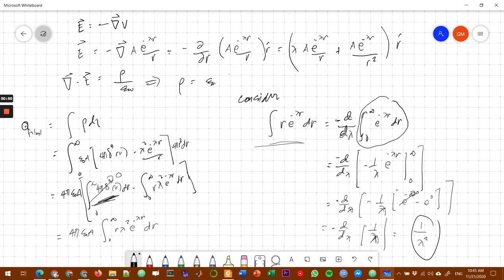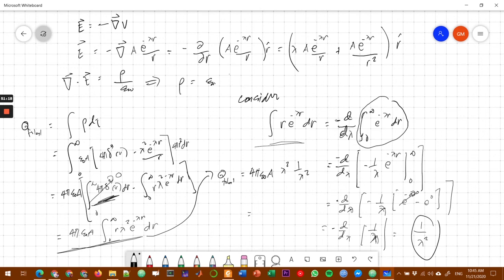So, going back to our integral, sorry about that, it's a bit messy. We have 4 pi epsilon naught a, and the integral is just, right, constant in lambda squared, and then we have 1 over lambda squared.